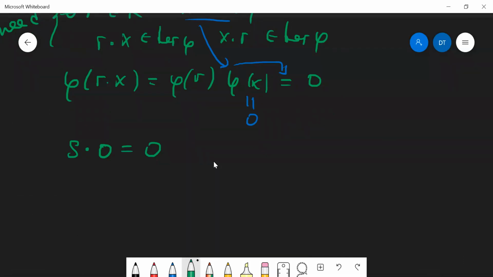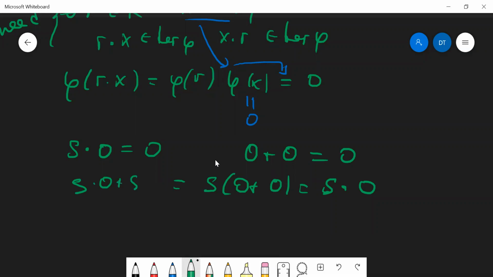So you know that 0 plus 0 equals 0, and now you multiply this equality by s. It gives you this, and then you use the distributivity of the multiplication. You'll get this, and now you see this element plus this element equals the same element.